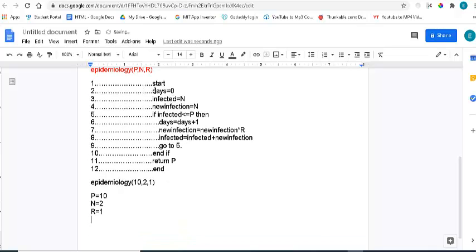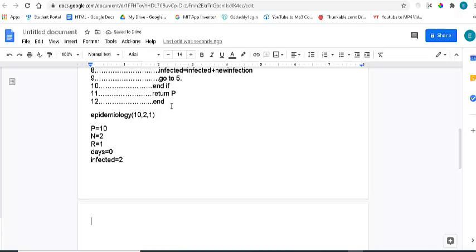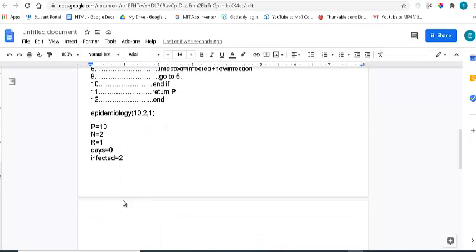The first line of algorithm says days is equal to 0. Then the number of infected people are n, which is 2. So infected becomes 2. The next line says new infection is going to be equal to n, but we know that n is 2, so the new infection is 2.